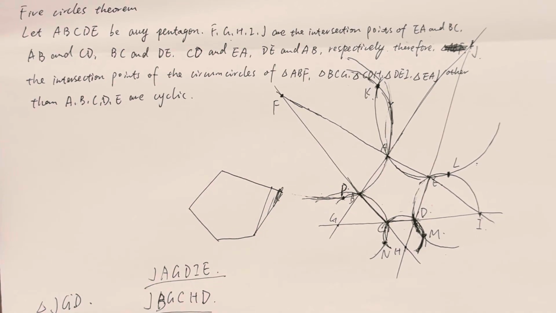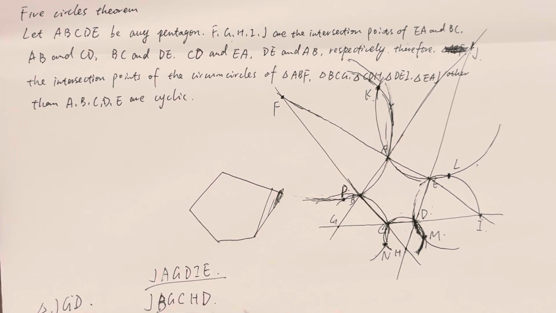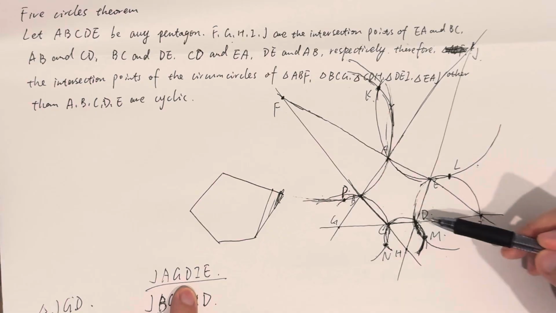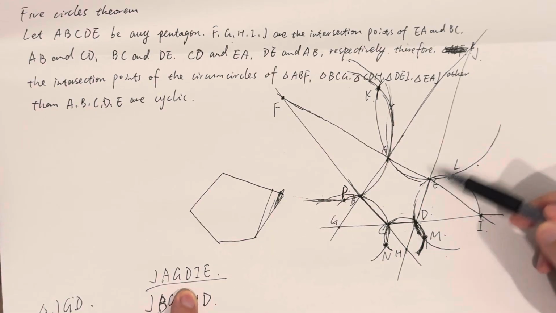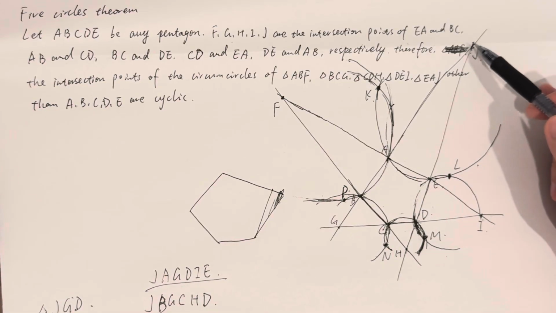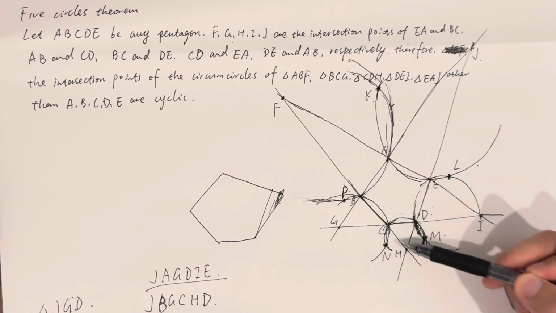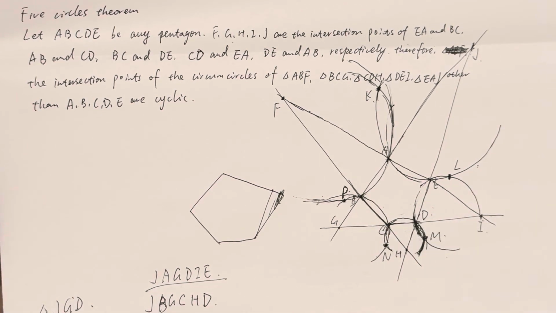Triangle JGD is a common triangle in the complete quadrilateral JAGDIE and the complete quadrilateral JBGCHD, right?